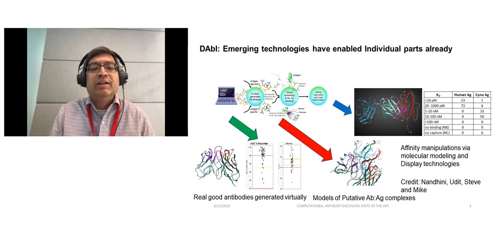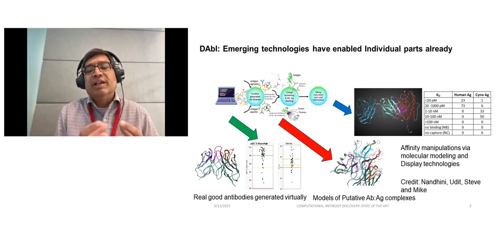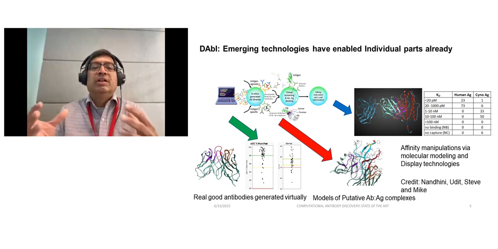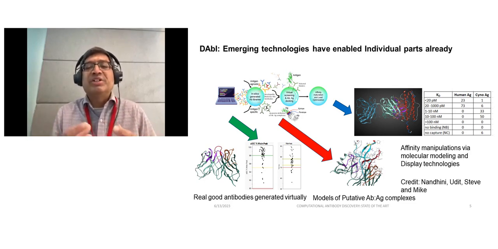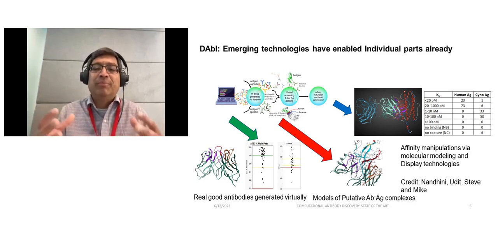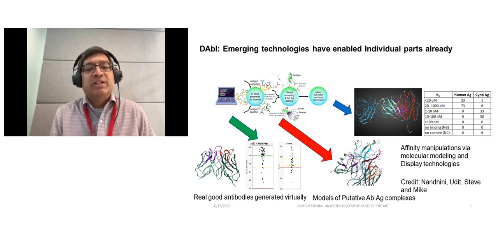And I think in isolated ways of this whole concept or roadmap for an in silico antibody discovery, we are already there. It's a question of being able to synthesize them and make the protocols and workflows much better.